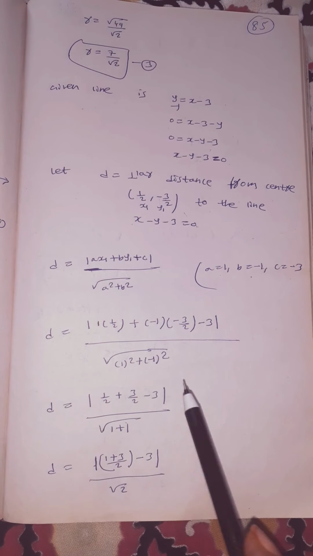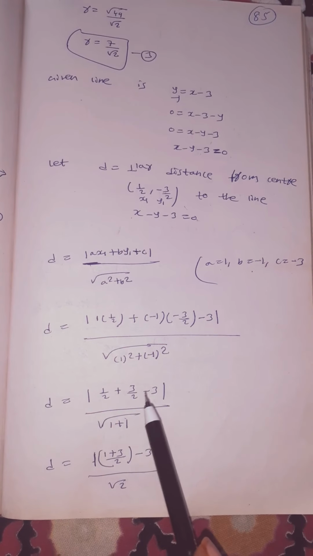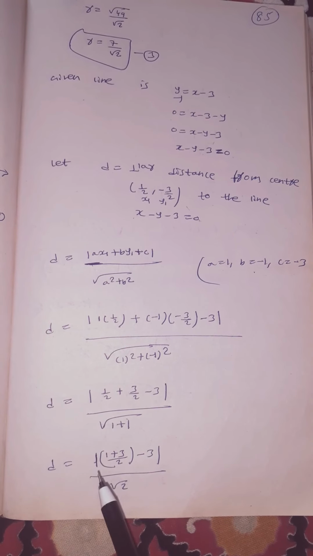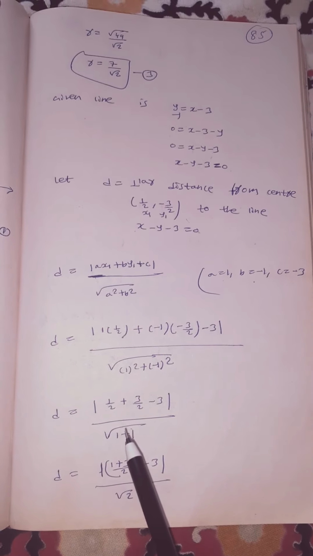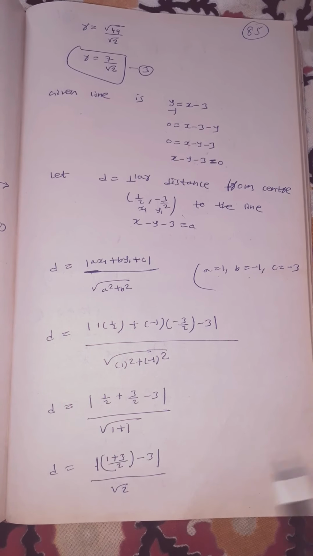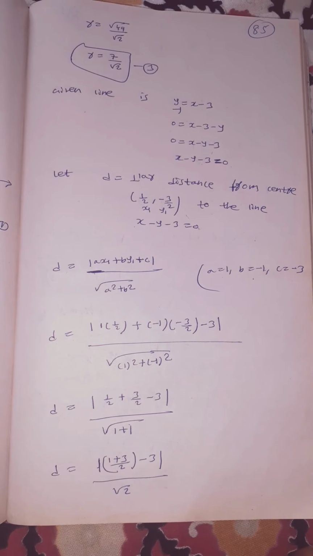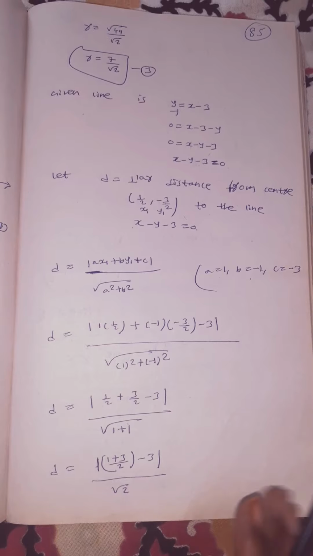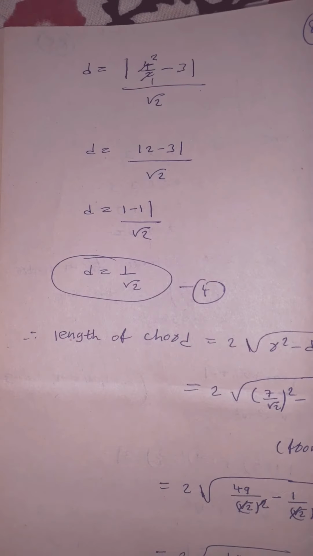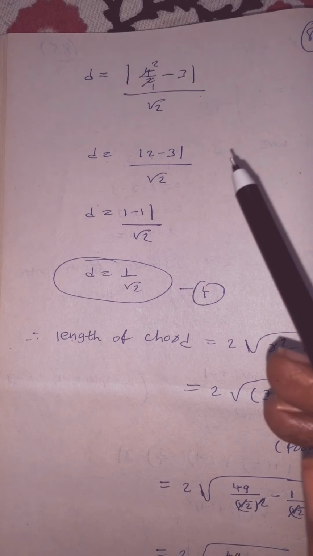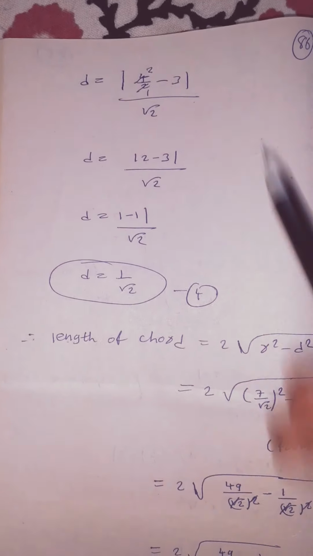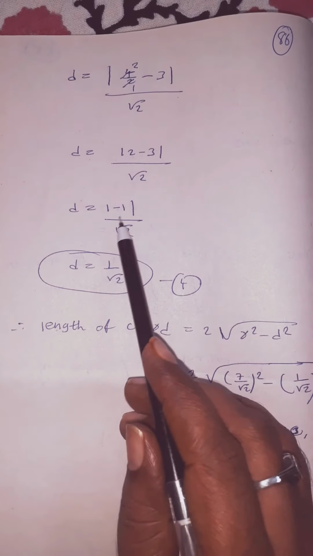By 1 square is 1, 1 square is 1. So 1 by 2 plus 3 by 2, we can add the numerators because both are like fractions. So 1 plus 3 is how much? 4. 4 by 2 is nothing but 2. That only I have written, children: modulus of 2 minus 3 by root 2. So 2 minus 3, how much, children? Minus 1.